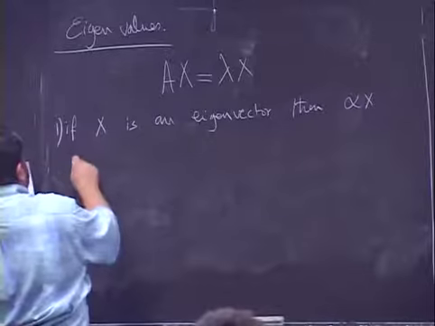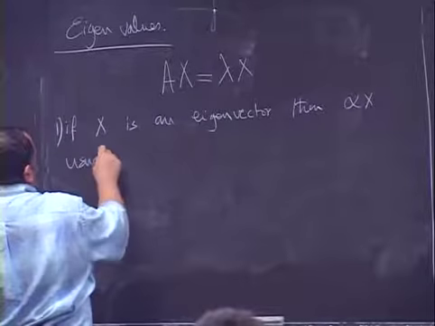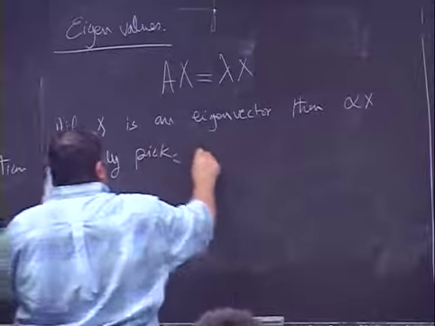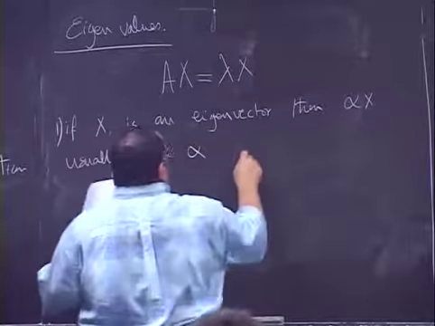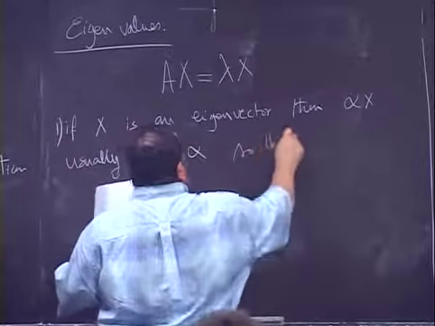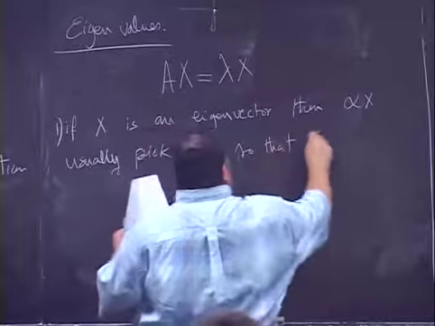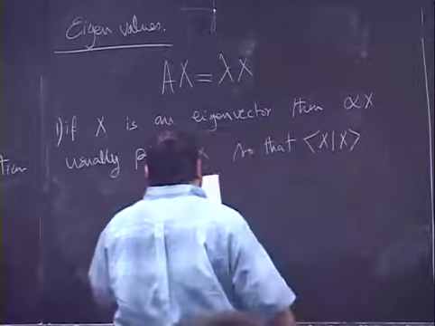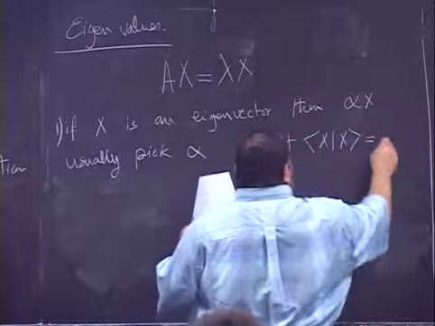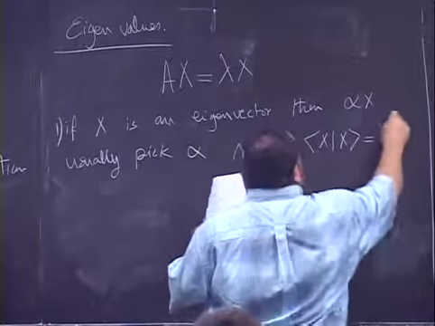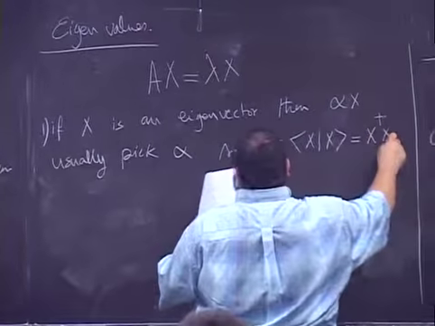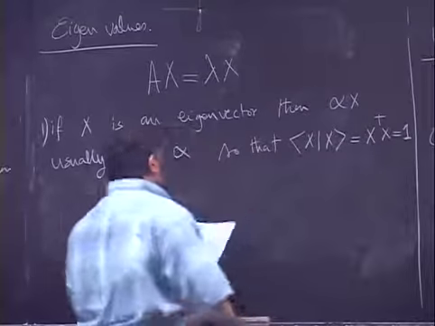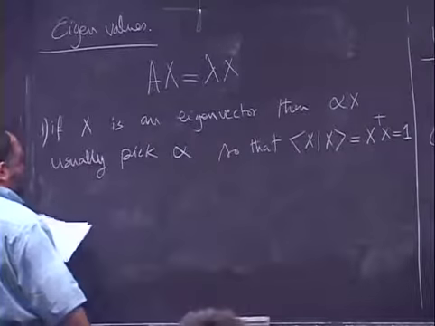And usually you pick alpha so that the product of the vector will be equal to what you need.